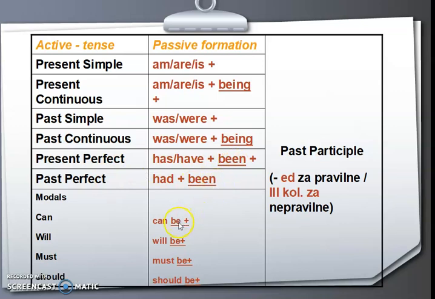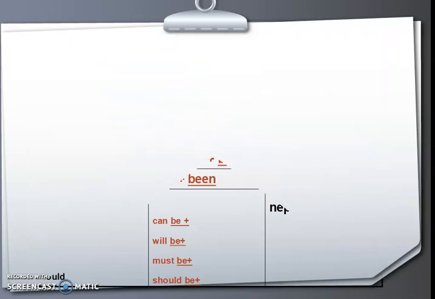Okay, and be with modal verbs. Try to make a mental image in your head of the chart and do sentences to practice, and finally you'll find passive quite easy to use.